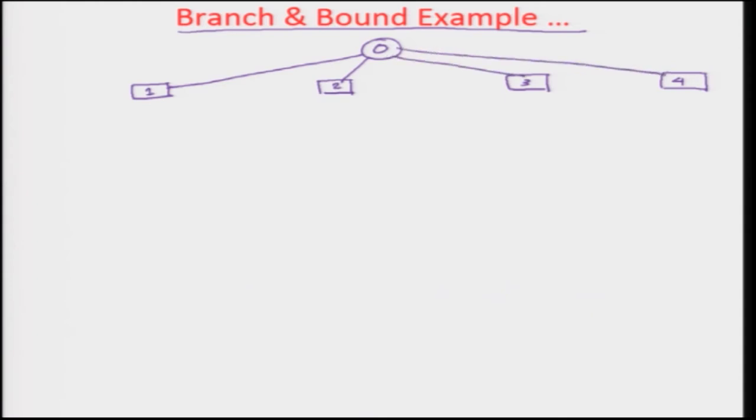So, our root node is 0, and we have our 4 sequence positions. I hope we get space here, 1, 2, 3 and 4. So, the first sequence position is taken care of. In this case, we have made the first sequence position set up to 1, 2, 3 and 4.